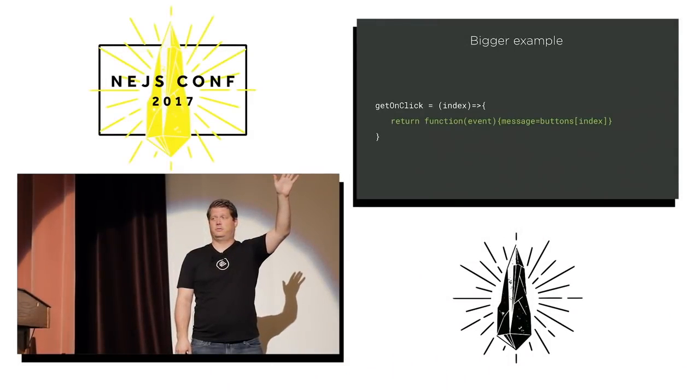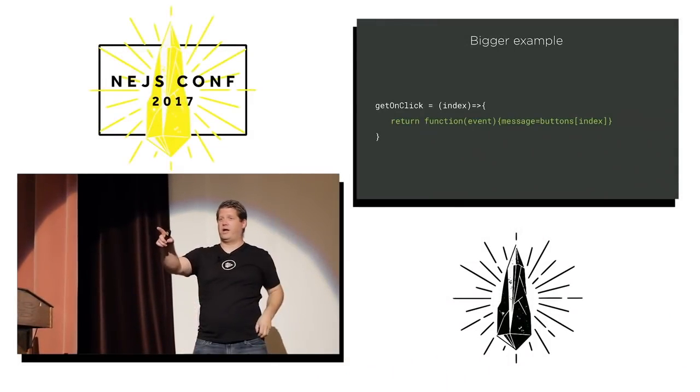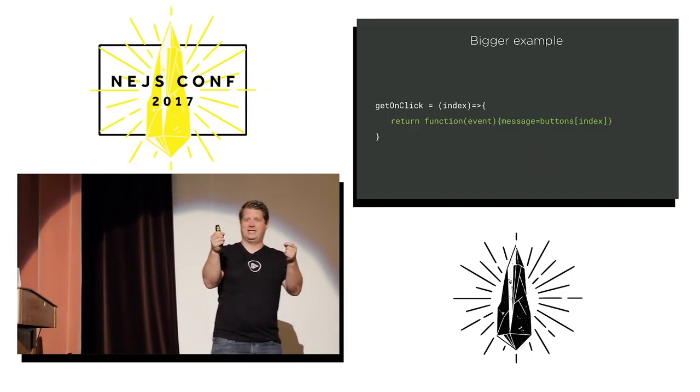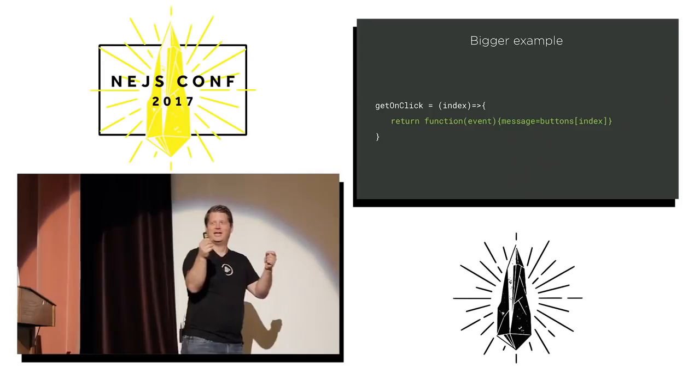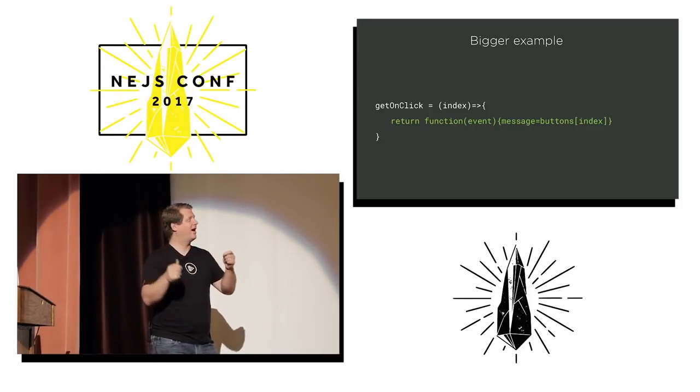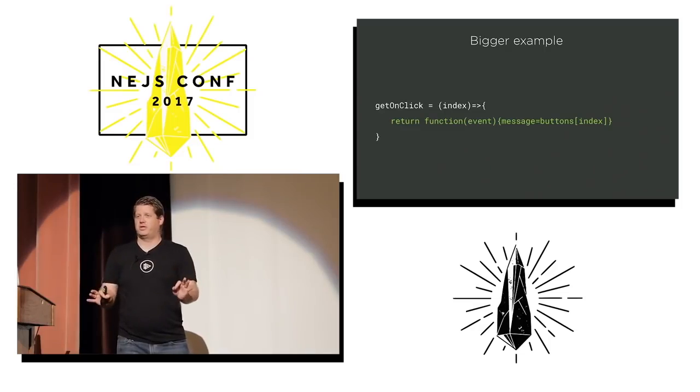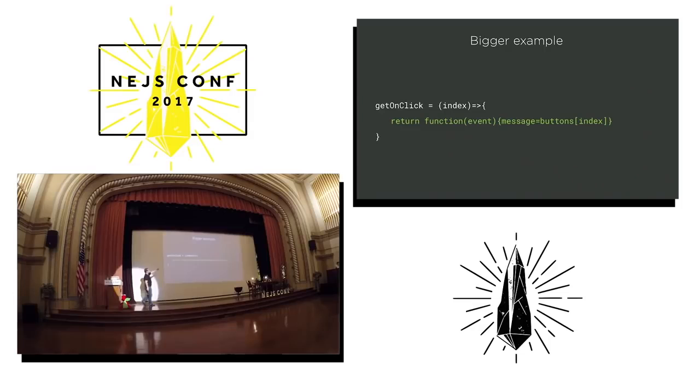Closures. Who knows what a closure is? Who can articulate it nicely? Okay, here's in a nutshell what a closure is. When this function, return function event message equals buttons sub index, when that function is created, JavaScript takes everything that's in scope for that object and packages it all up and hands it off.